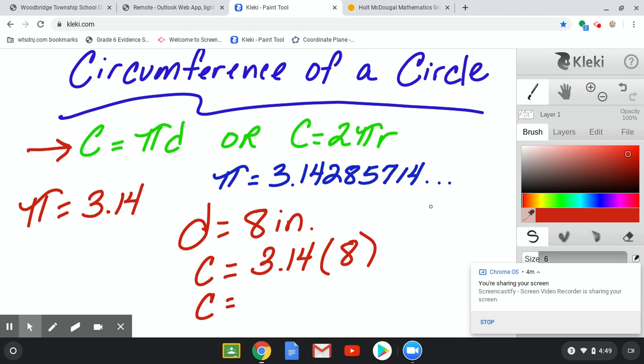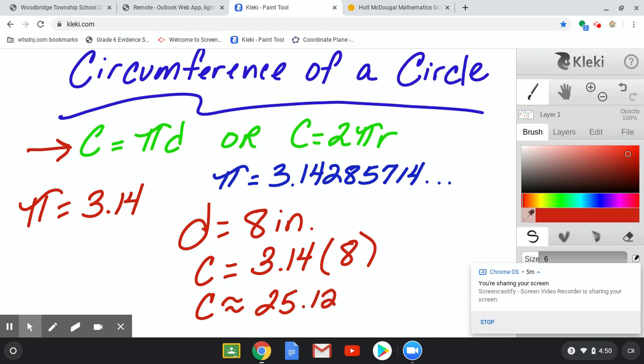If I were to calculate this, because this is approximate, because we are not actually using the full value of what pi is, in this case this is actually going to be approximately. If you remember, the approximate symbol kind of looks like an equal sign, but it's a little bit of a squiggly line instead. So the circumference here is approximately 25.12.